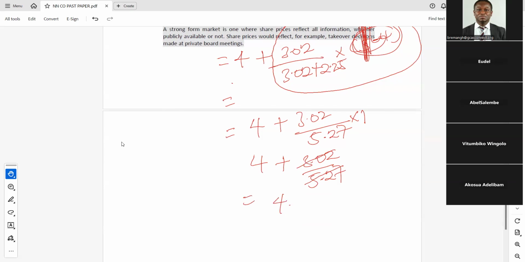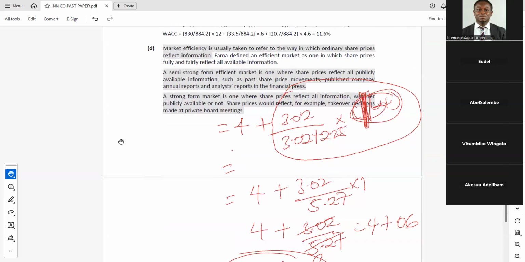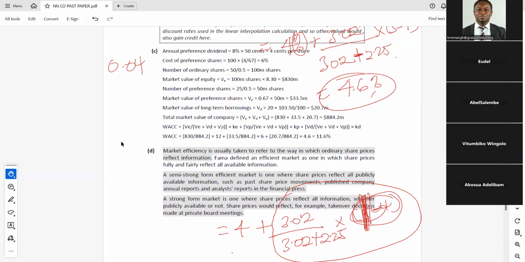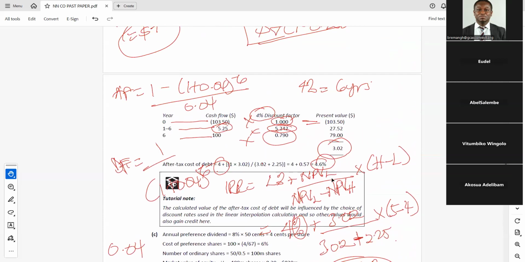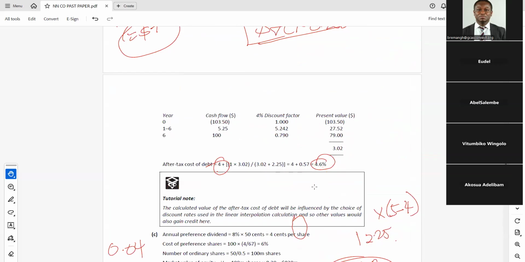That is what will give you about 0.6. So 4 plus 0.6 will give you 4.6. And then just add your percent to it. I'm just trying to make it a little bit explanatory. If you think it is going to be a problem, please use your scientific calculator. Punch everything, press equal to, and move.